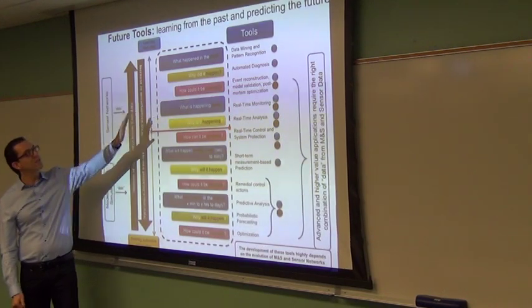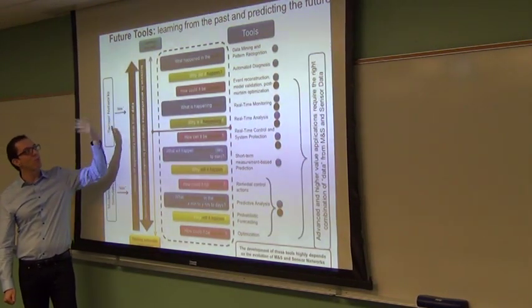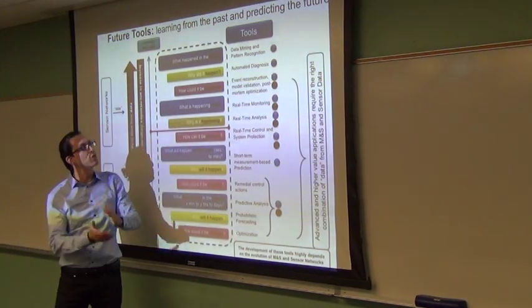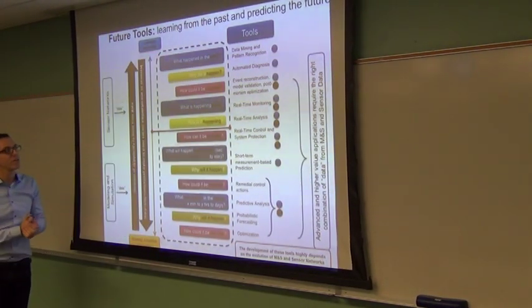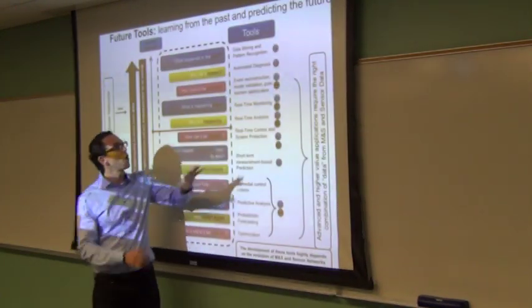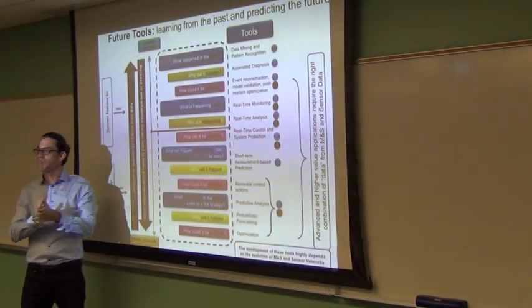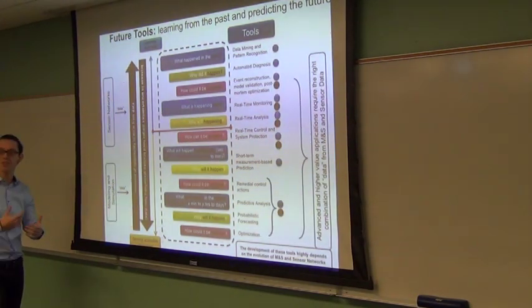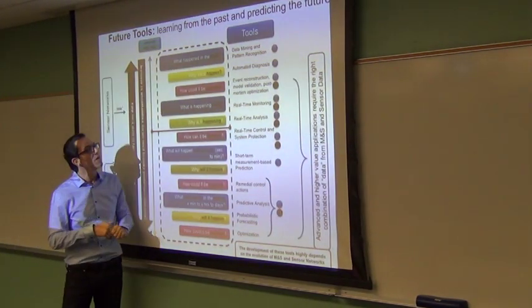So you can ask these questions: what happened in the past? Why did it happen? How could it be avoided? And that means building tools with data mining, pattern recognition. You can do event reconstruction, model validation, post-mortem optimization, how we should have done this. Okay, that's called post-mortem optimization.